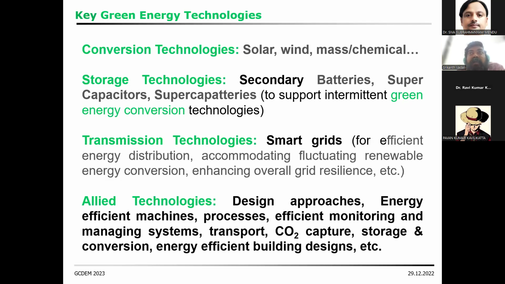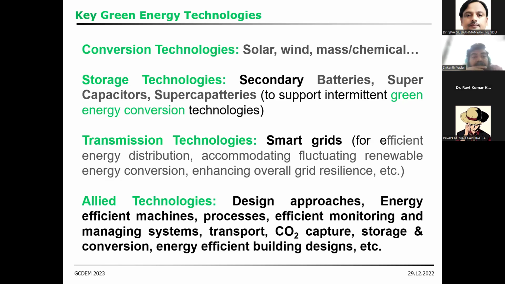But you may engineer and develop a system which produces more energy, but you cannot use it instantaneously. Therefore, you need storage technologies. That is why the batteries and other things come into the picture. So, storage technologies basically support the conversion technologies.